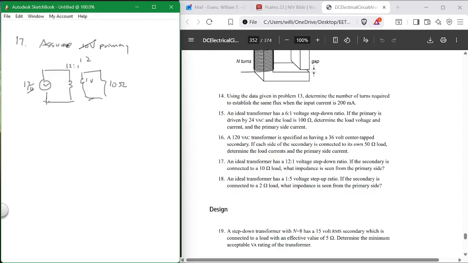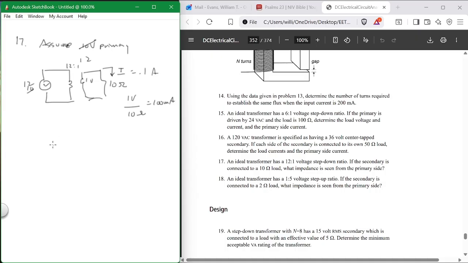What is I over here? It's 1 volt divided by 10 ohms, or 100 milliamps, right? It's 0.1. So I over here equals 0.1 amp.